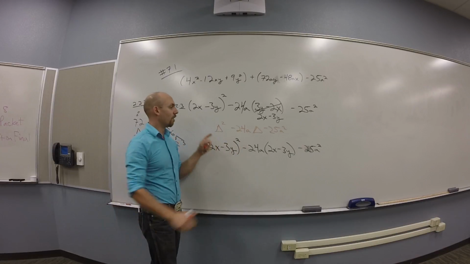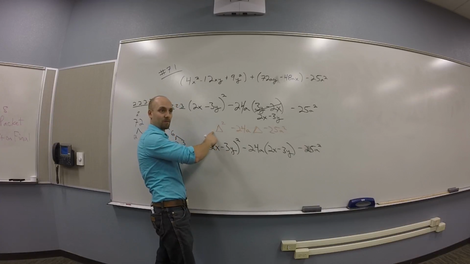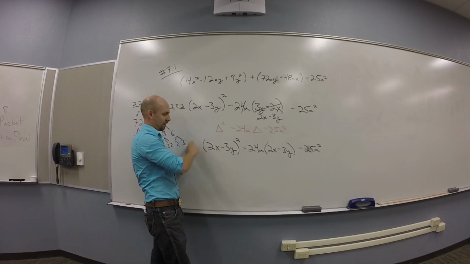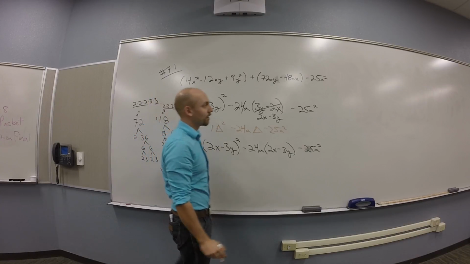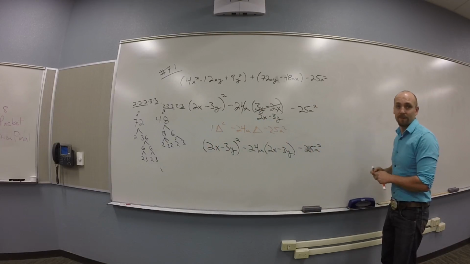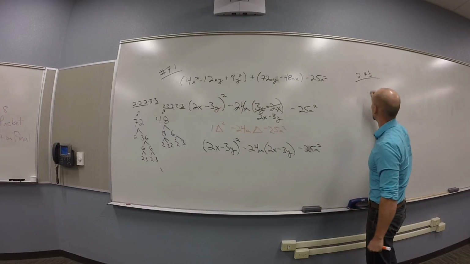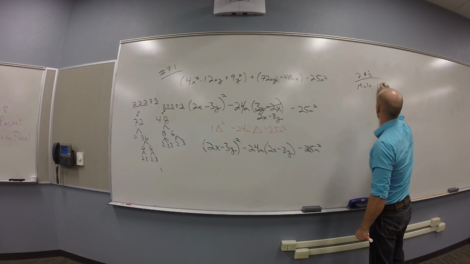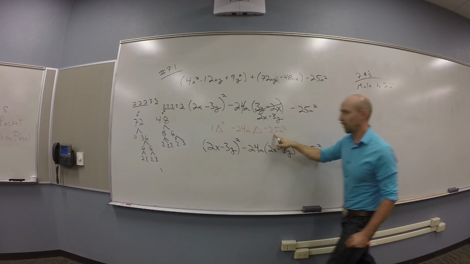Yeah, so what's the coefficient up here on the triangle? What's the number here? Like 1, right? Okay, so I'm looking for two numbers. They should multiply to 25, right? 1 times 25.